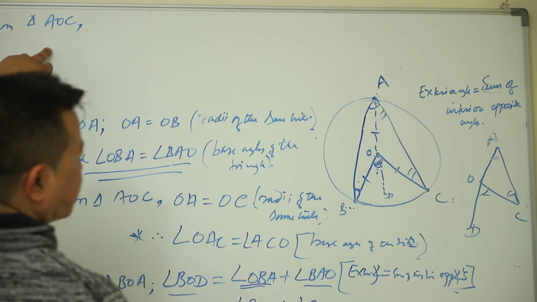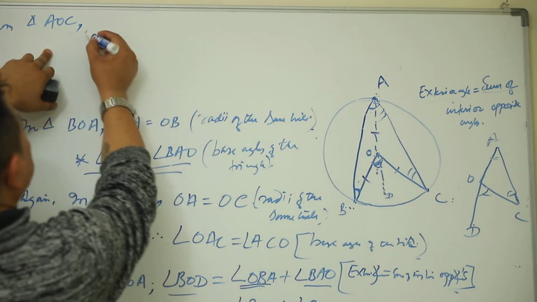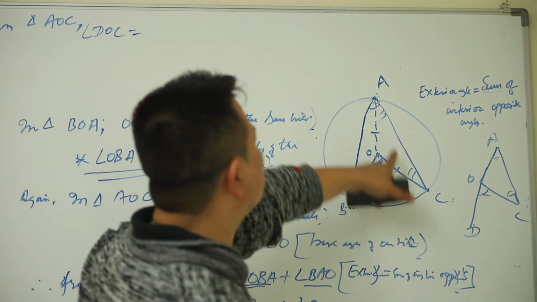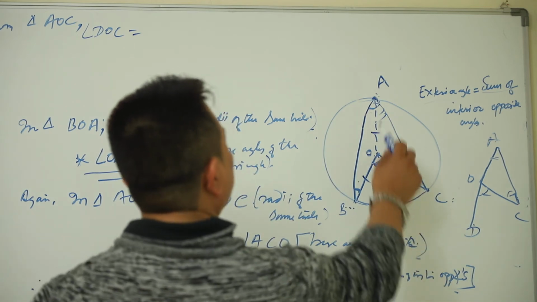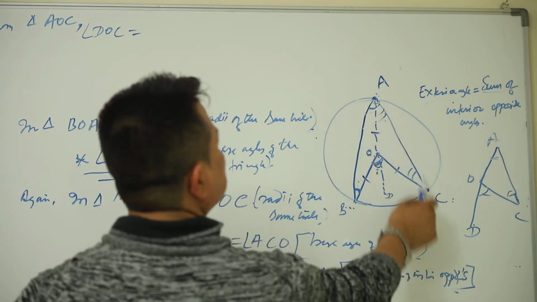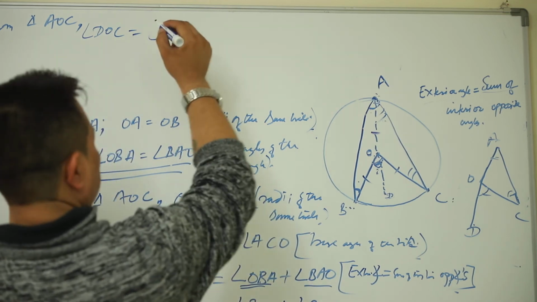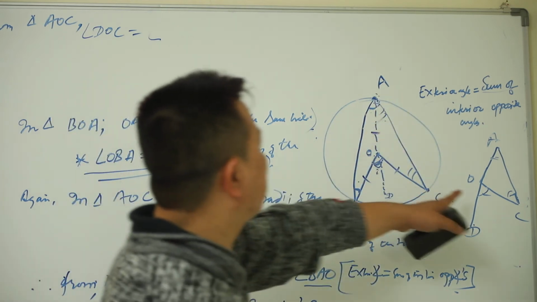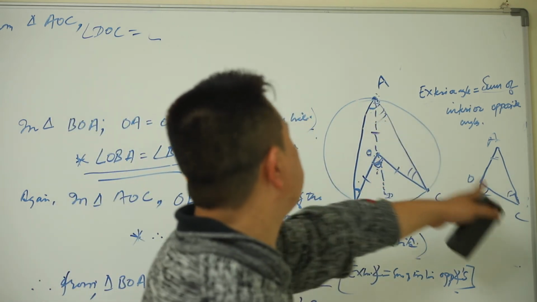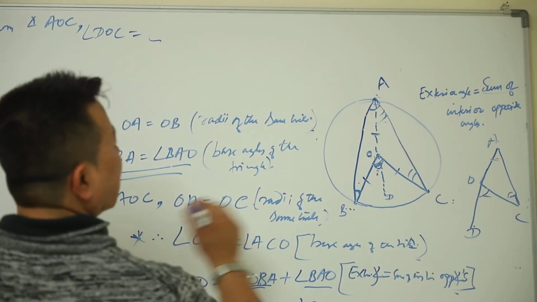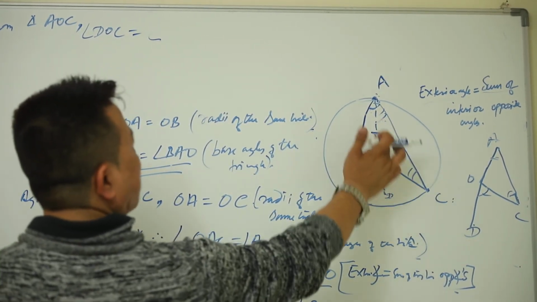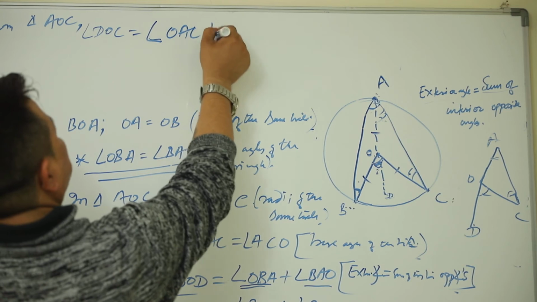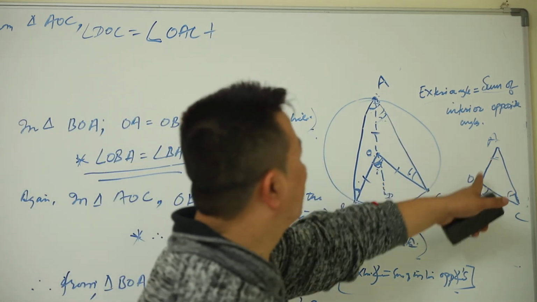So the external angle is angle DOC. External angle DOC equals this interior opposite angle. So what is the name of this angle? Angle CAO. So what can you write now? Angle OAC plus this angle.